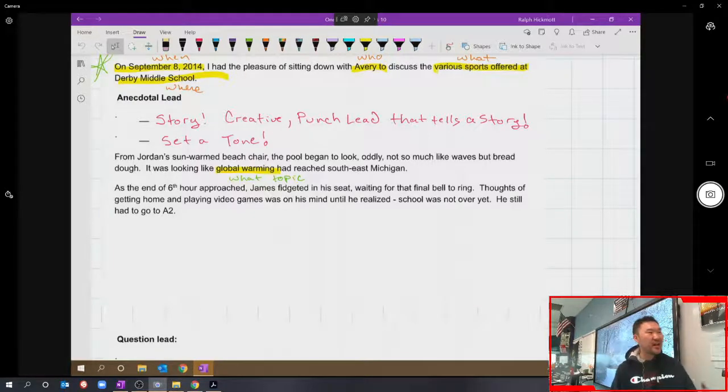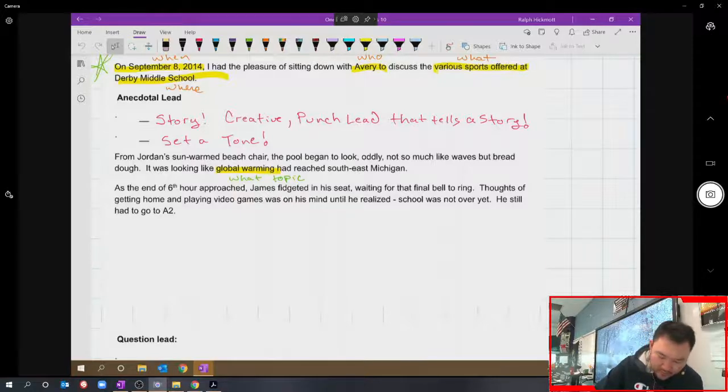You can see it's got an ominous tone. It's a little bit more serious, a little bit darker. So the direction a reader would think is, this person is going to be critical about global warming and explain the negative effects of how it's happening. That's an impactful anecdotal lead. So if you are comfortable doing this or you want to tackle this for a serious type of article, do so.